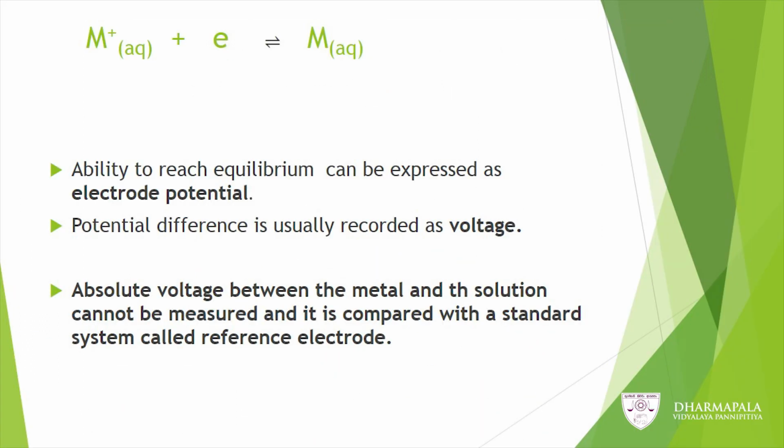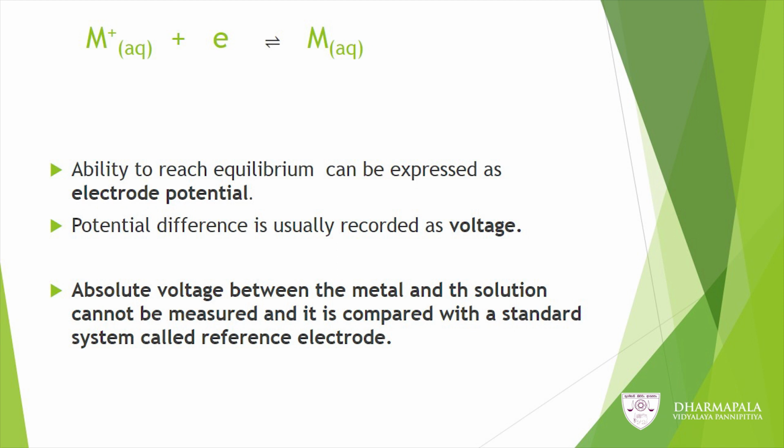Here you can see the metal ions, M plus ions, are in equilibrium with metal solid. All these equilibria are usually written with the electron on the left hand side of the equation, that is, as a reduction reaction. Ability to reach equilibrium can be expressed as electrode potential.